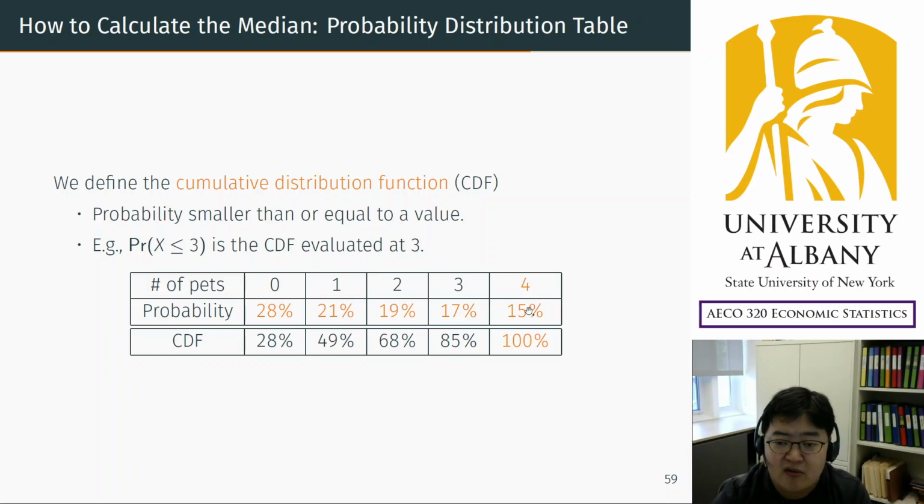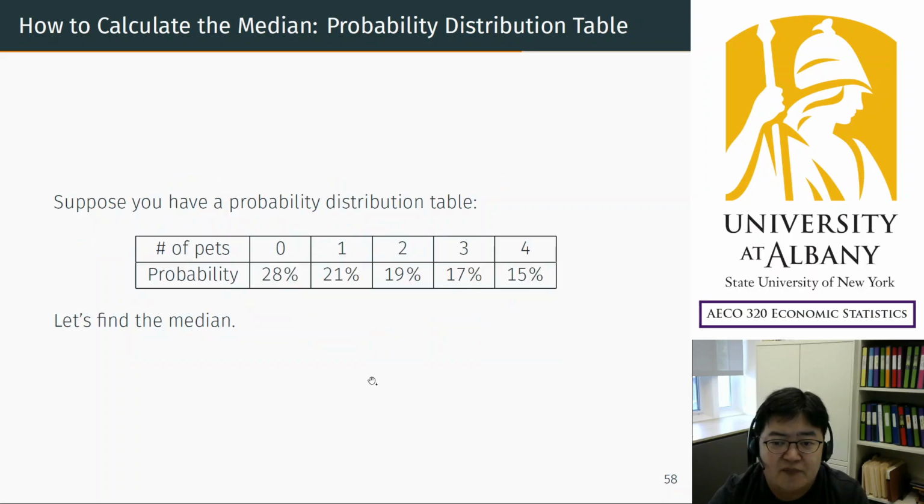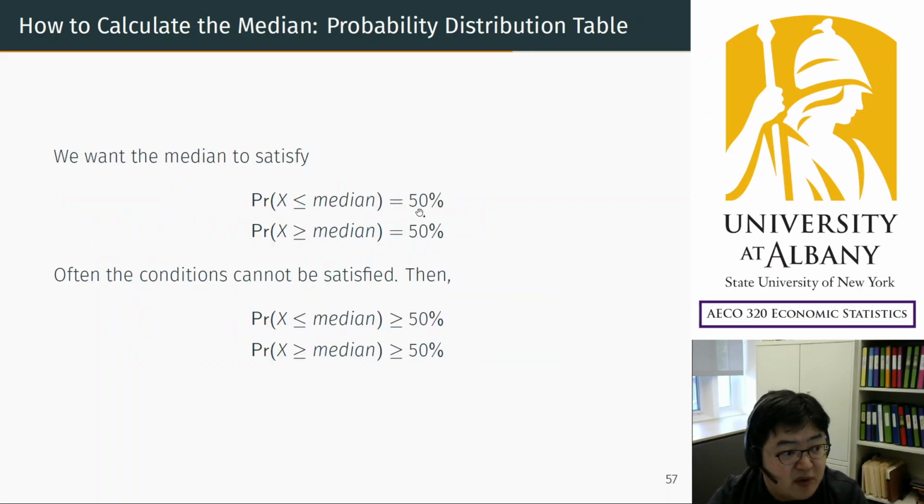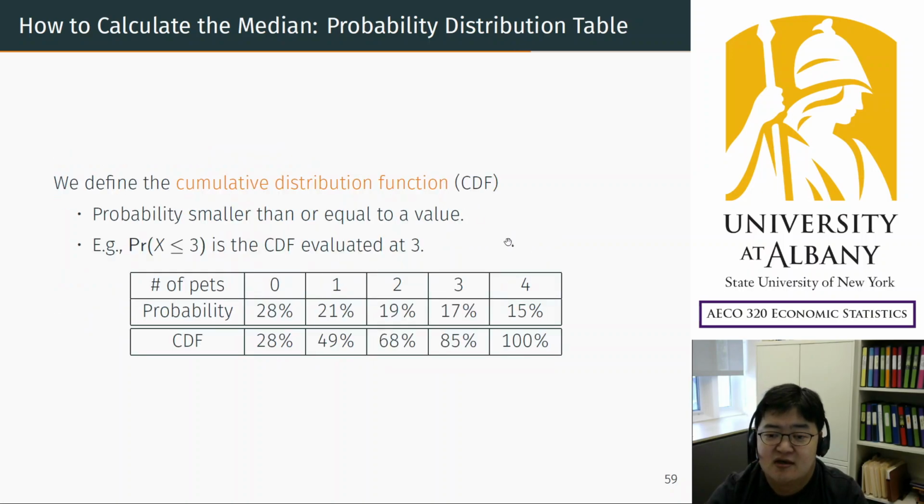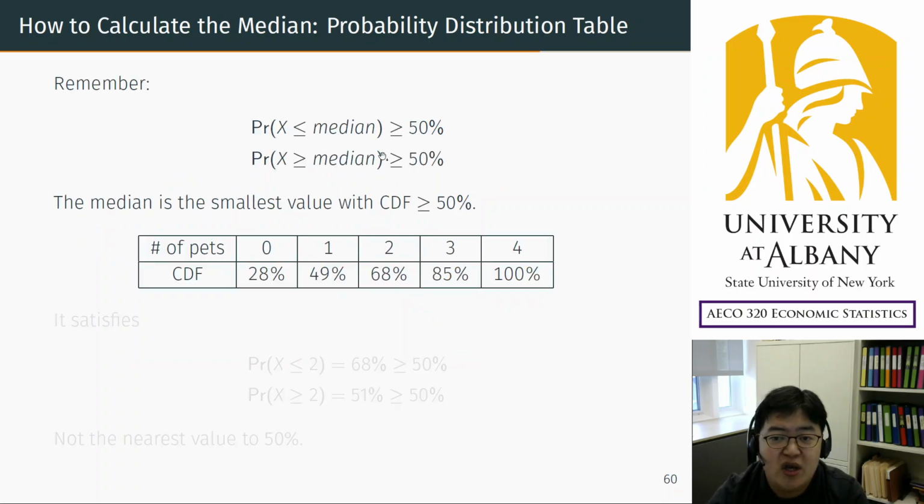And here, there is no 50%. Of course, 49% is very close to 50%, but not exactly 50%. We want it equal to 50%, but there is nothing like this. There is no cumulative probability exactly 50%. In that case, we will make the probability greater than 50%.